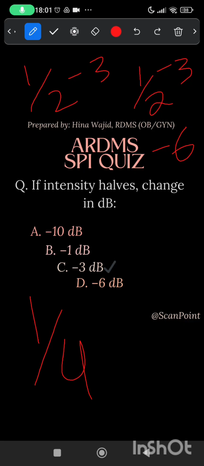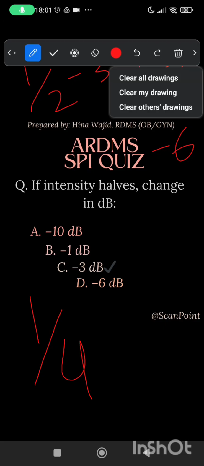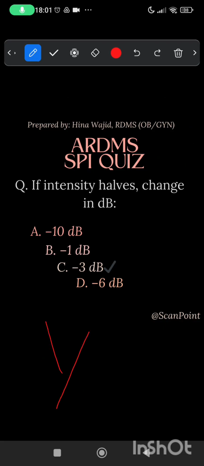And now if the intensity becomes 1 by 8, it again becomes half. First it became 1 by 2, so the change was minus 3. Then it became 1 by 4, and the change was again minus 3. So overall when we add, the result is minus 6 decibel.